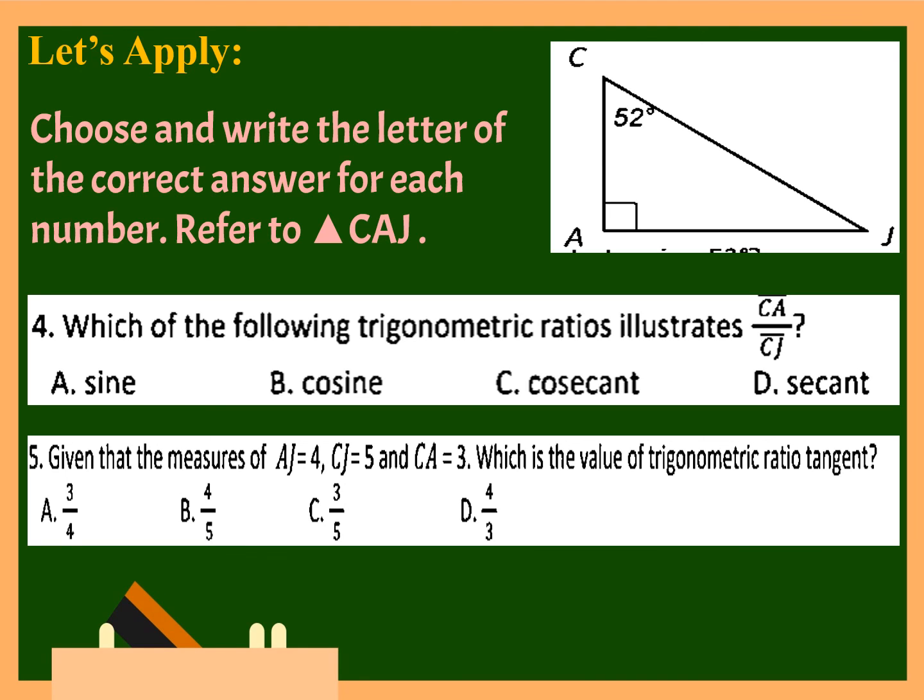And number 5. Given that the measures of AJ is 4, CJ is 5, and CA is 3, what is the value of the trigonometric ratio tangent? Are you ready now to check your answers?